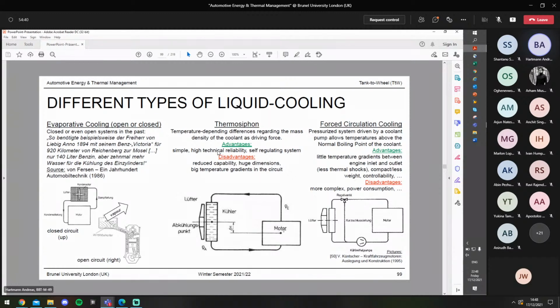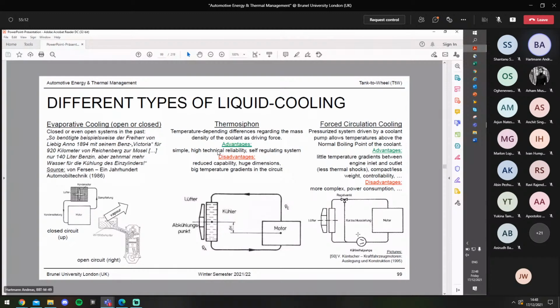As you know, when the coolant is heated up, the density goes down, and therefore the coolant went up in the cycle, cools down again, density becomes higher, and this is actually the driving force of such a circuit. But for sure, the capability of such a propulsion of the coolant is very little, and this is why nowadays we have forced circulation cooling.